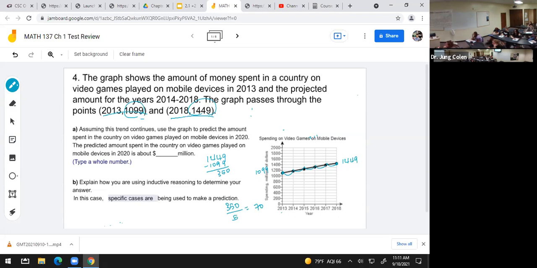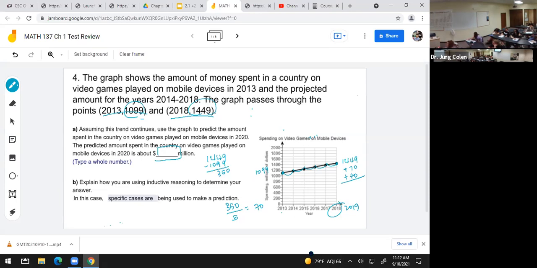So after 2018, we know that in 2019, it's going to increase by 70. Then 2020, it's going to increase by another 70, right? So you can add 140 to that, and that will be the answer for 2020.